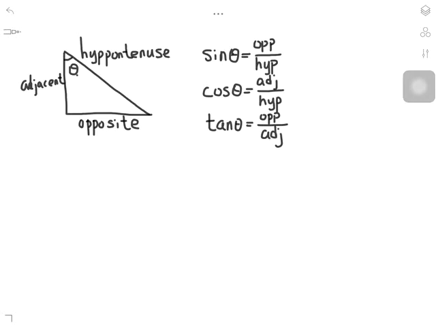If you remember your sine, cosine, tangent definitions from SOHCAHTOA, I'm going to write it down. SOHCAHTOA. These are taking the first letters of each. Sine is opposite over hypotenuse. So you can see that it's taking SOH.